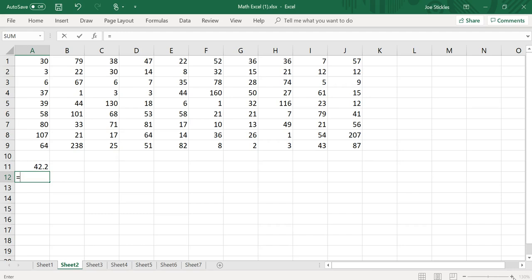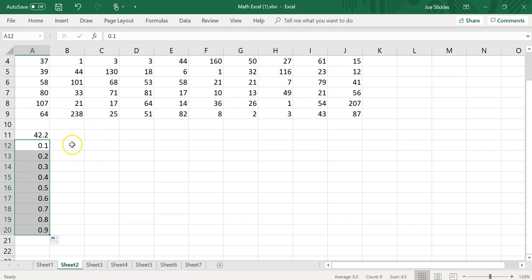All right, so first, the thing I want to do is type in 0.1 and 0.2 and go up to 0.9. And then we're going to do A11, because that's the average, make it an absolute cell reference, and then multiply it by the natural log of 1 minus the probability that's over in column A. Oops, I need a negative, don't I?